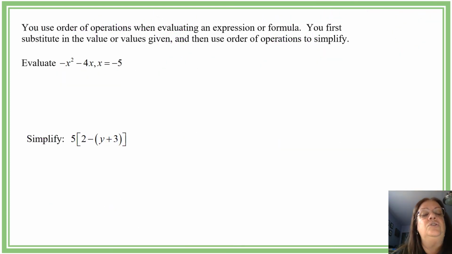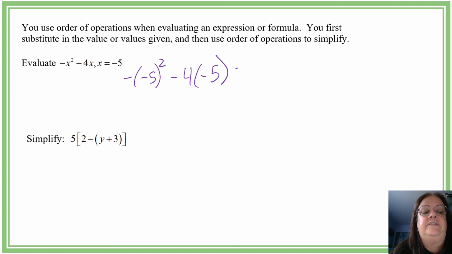All right, you use order of operations when evaluating an expression or formula. You first substitute the value or values given, and then use the order of operations to simplify. So here we're given x is -5. So I have negative 5 squared minus 4 times -5.